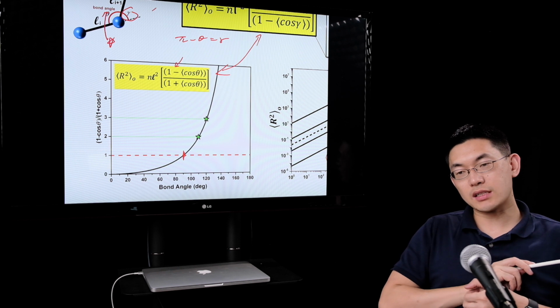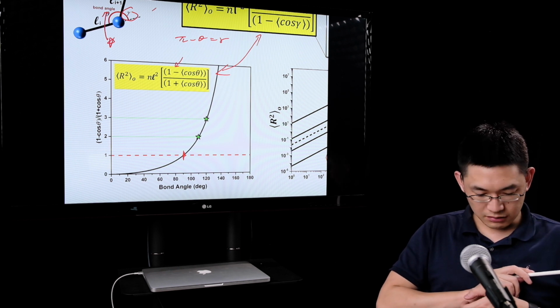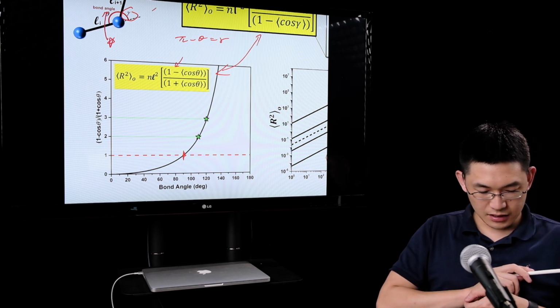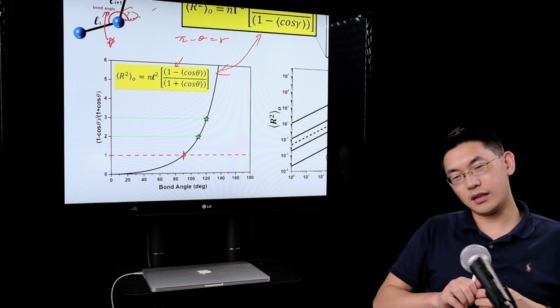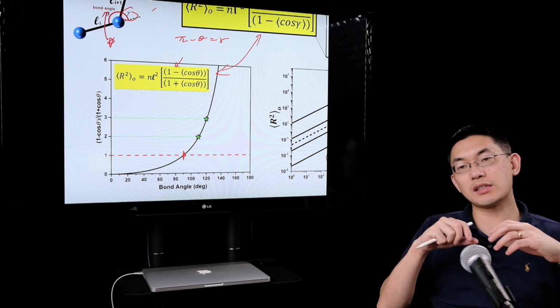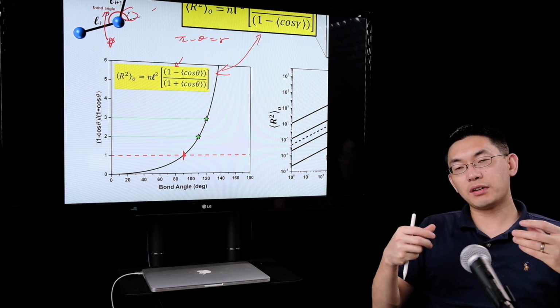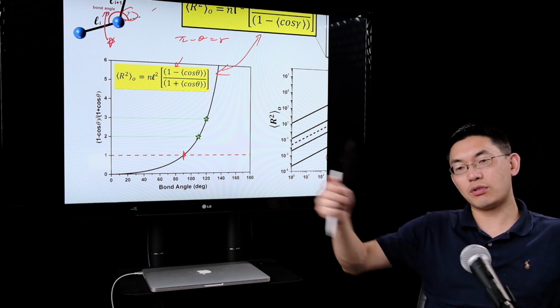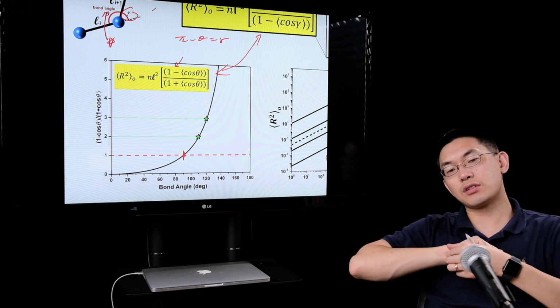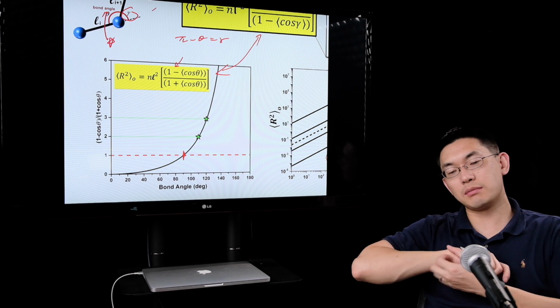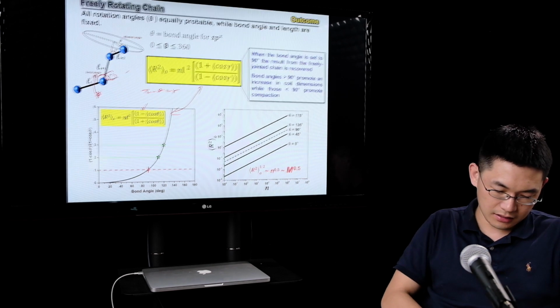That means your chain is expanded by root 2, okay? And as you can see, the more straight the bond angle is, the more expansion you would have. That also makes sense because if it's a perfect 180 degrees, you basically have a rod. If it's 179 degrees, you are close to a rigid rod, so your chain will have a larger end-to-end distance.